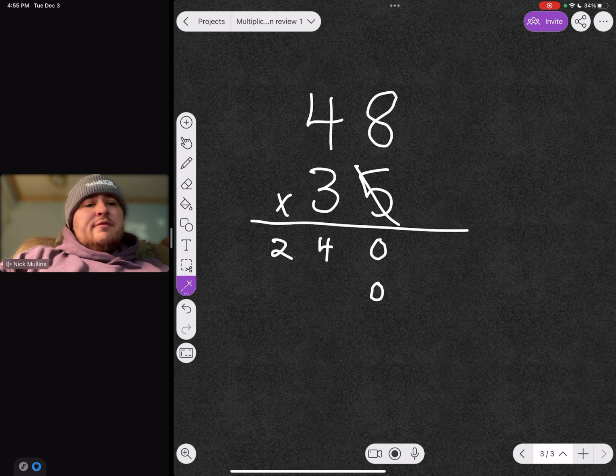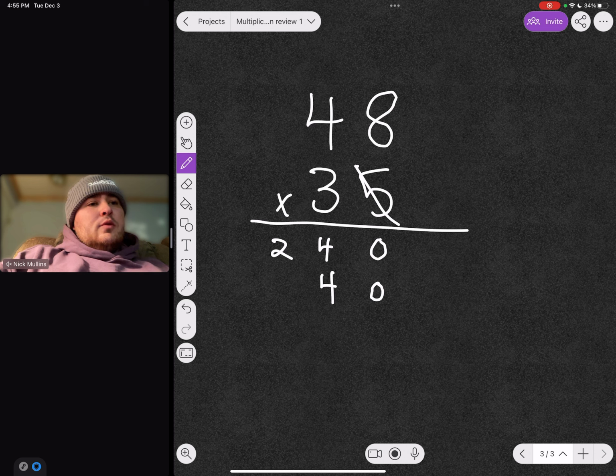Just like we did with the 5, I have to multiply that 3 with the 8 up here in the top ones place, and then immediately the 4 in the tens place. So I'm going to go ahead and do that. I know that 3 times 8 is 24, so I have to do some regrouping.